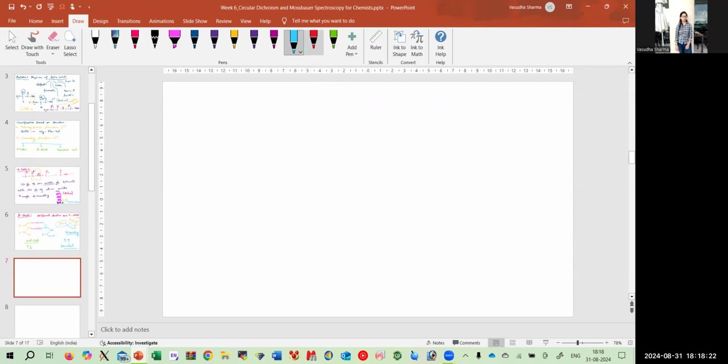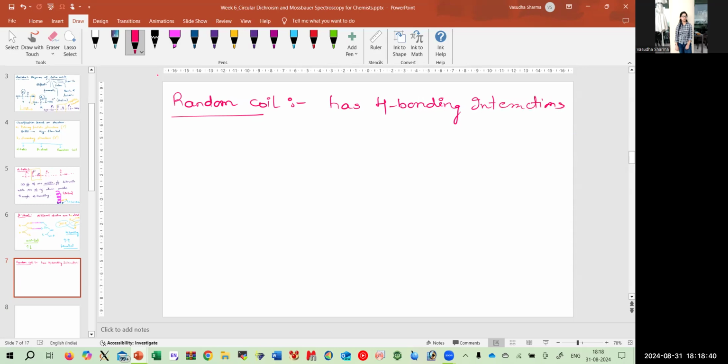Followed by we have the third structure, which is the random coil. The random coil also has hydrogen bonding interactions, but as it is named, it is randomly oriented, so it is not following a particular fashion.